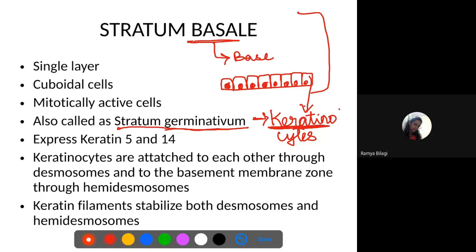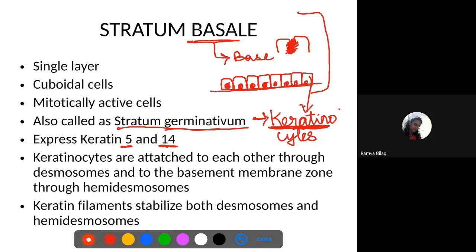So the basal layer has majorly keratin 5 and keratin 14. These are the keratins expressed in the basal layer. And for one cell to be attached to the other, you need some substance, right? You need something to connect these two cells. This is formed by desmosomes. So keratinocytes are attached to each other through desmosomes.